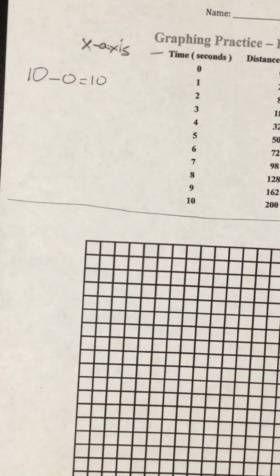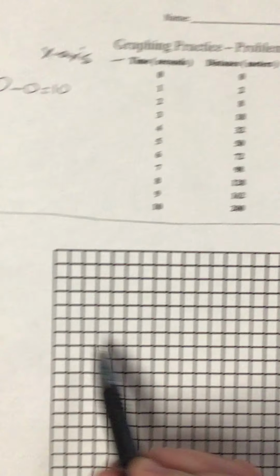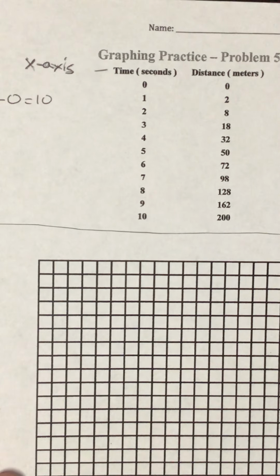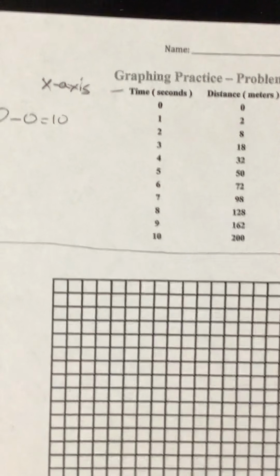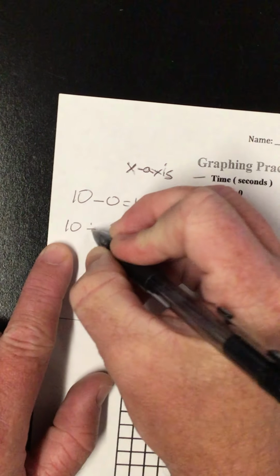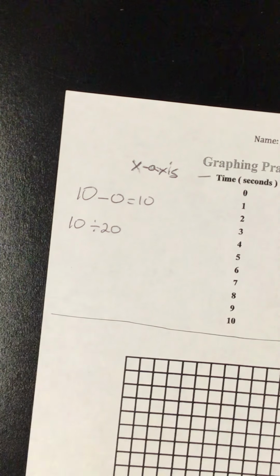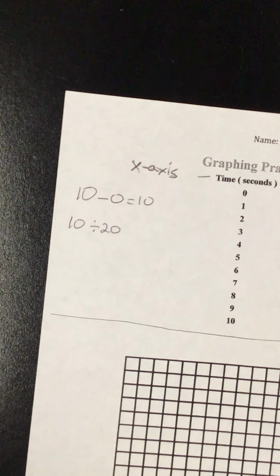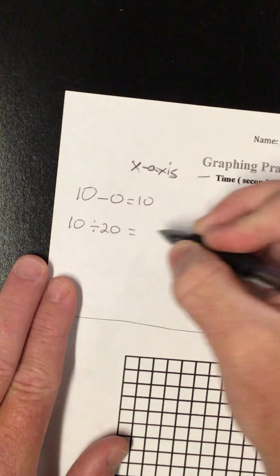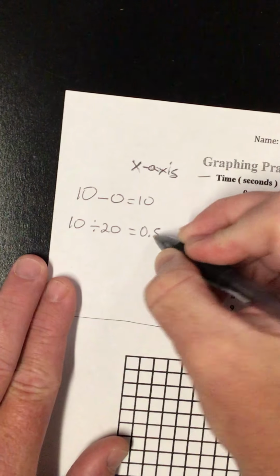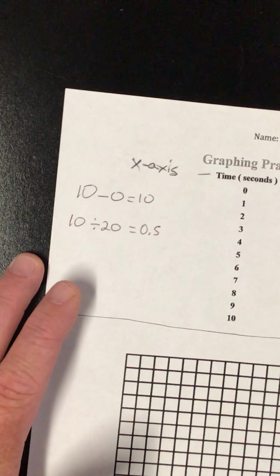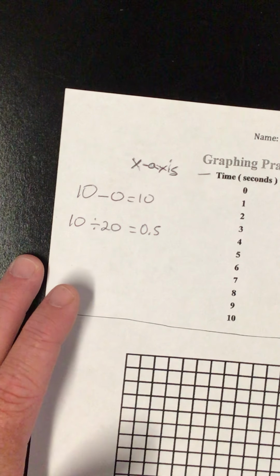So next step, we have to count the squares. Count how many squares do we have all the way across our graph. Some of you already counted. How many was it? 20. Okay, so we have 20 squares. So we're going to take the 10 and divide by 20 because we're taking our 10 data values and chopping them up into 20 pieces. 10 divided by 20 is 1/2. 20 divided by 10 would be 2, but 10 divided by 20 is 1/2.